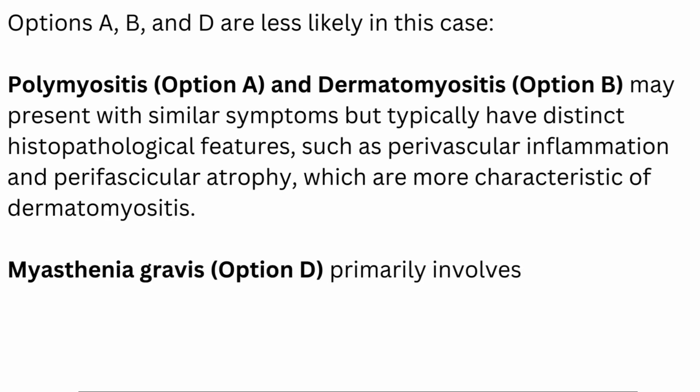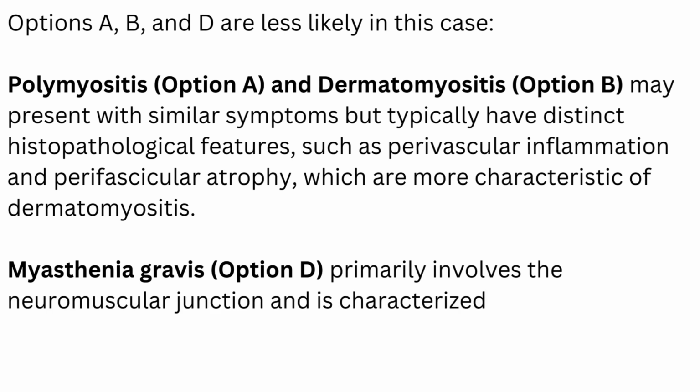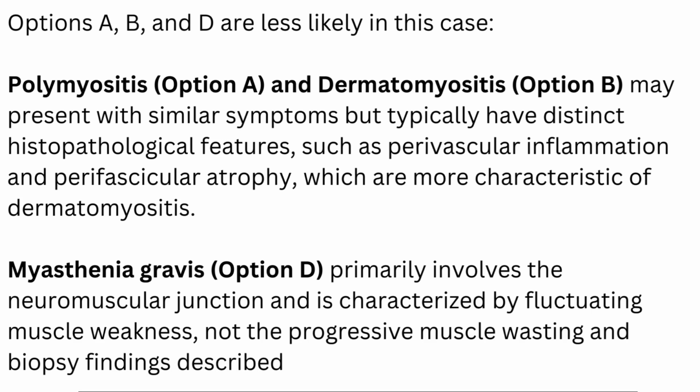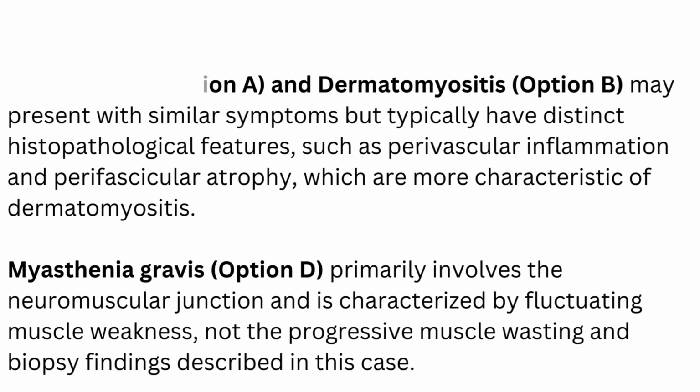Myasthenia gravis, option D, primarily involves the neuromuscular junction and is characterized by fluctuating muscle weakness, not the progressive muscle wasting and biopsy findings described in this case.